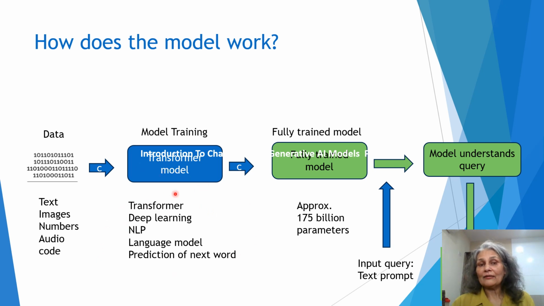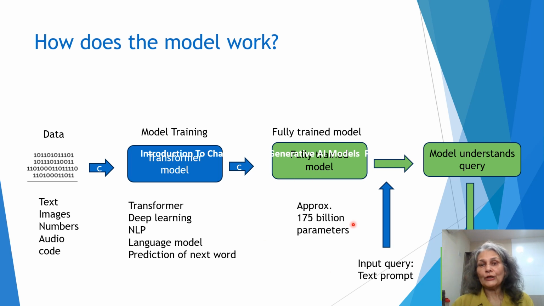Once this very gigantic model has been trained, we can move on to the next step, which is that we have a fully trained model. It will have approximately 175 billion parameters, so this is a really huge model. This is your fully trained model.